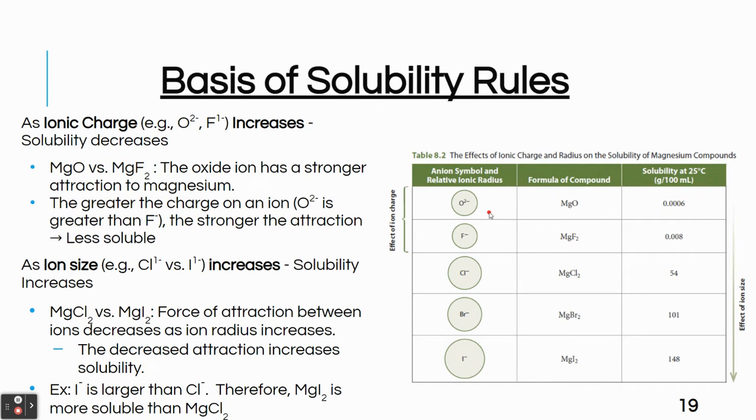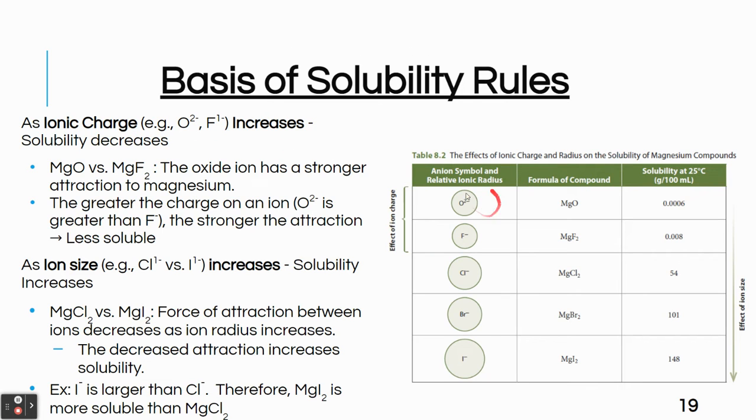And so what I want you to see is that the ions here, if you look at the size of the circle, they're very similar in size. But what's different between the anions over here is that this has a larger charge. It's a -2, and this is a -1. So this is a bigger negative charge overall. And so what we say is generally, when the ionic charge increases, the solubility will go down.